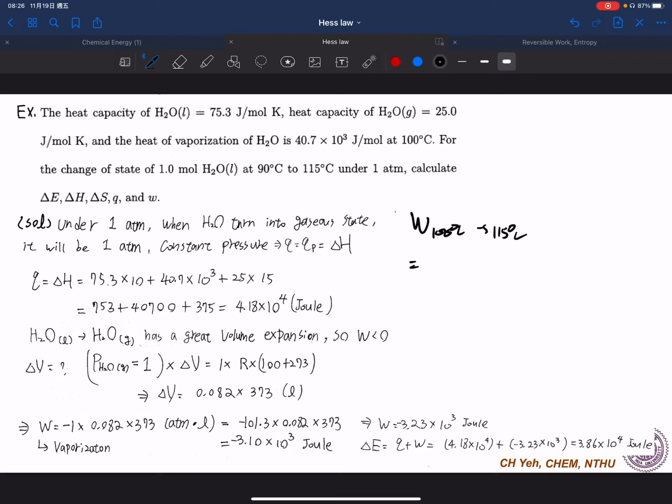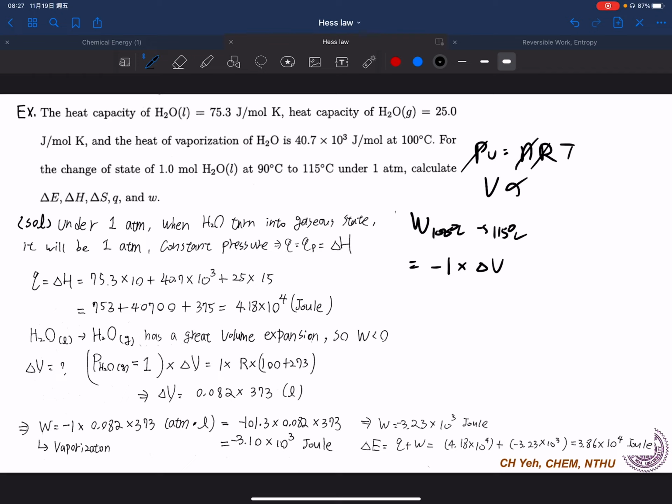So we can expect that the working energy change should be negative 1 multiplied by the volume change, which is expanding. We also know that PV equals nRT, and this one and two will not change, and this will not change either.